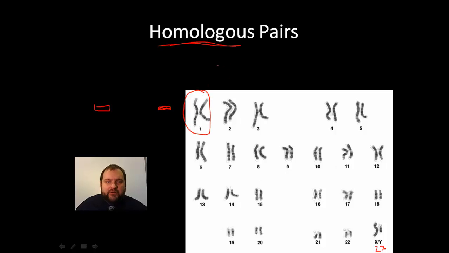So the human chromosome number is 23 pairs for a total of 46 chromosomes. Each chromosome has an identical pair, with one exception down here, and these are what we call our sex chromosomes, the X and the Y chromosomes. All the other ones, 1 through 22, are called autosomes. So we have essentially 22 identical pairs of chromosomes, and those are our homologous pairs.